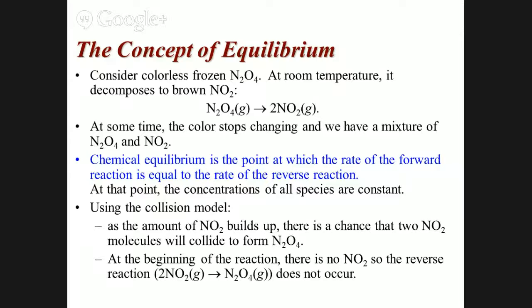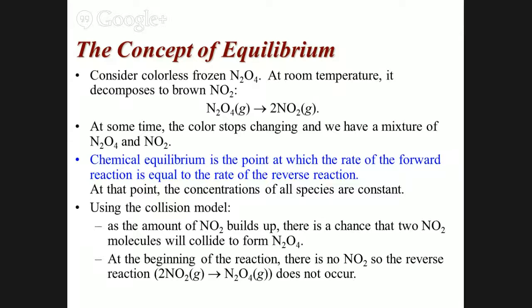Now, up to this point, we really haven't talked that much about having reverse reactions. We did a little bit in acids and bases, but in reality, there are lots of reactions that don't just go from the ingredients to the product and you run out of ingredients. Sometimes you get a reverse reaction too. It goes backwards the other way. And so we have two reactions going on at the same time.